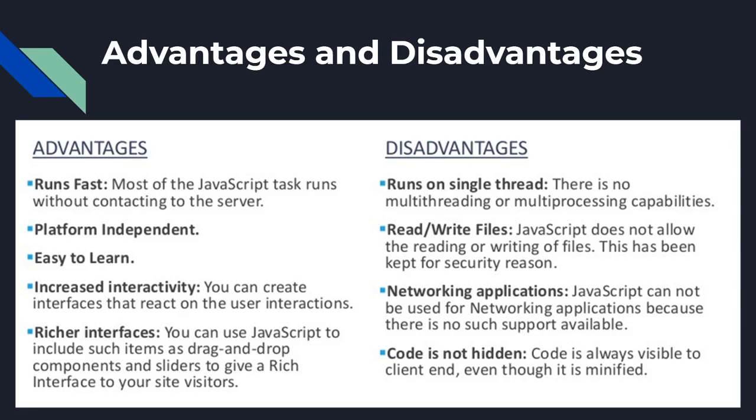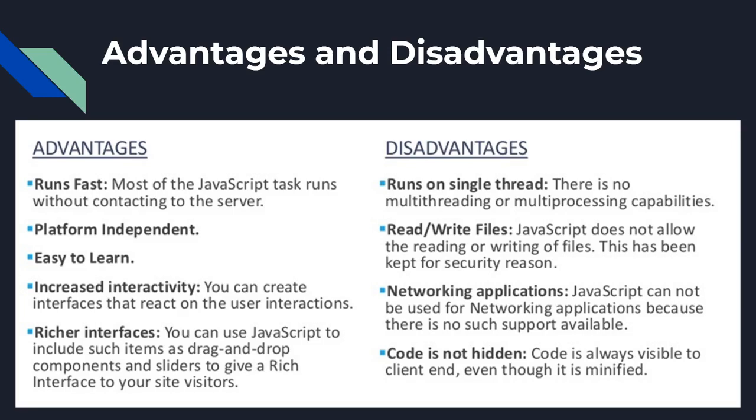Disadvantages: it runs on a single thread. So what is a single thread? Basically, it doesn't multitask at all. Multi-threading is where a computer or a processor can run multiple things at the same time. JavaScript is only one thread at a time, one task.